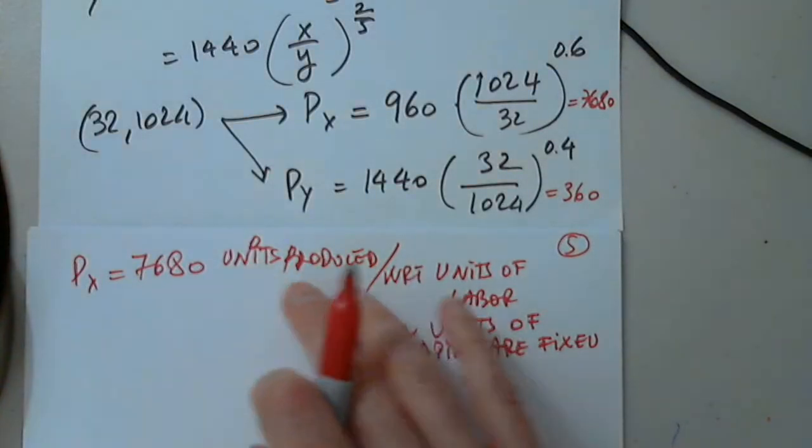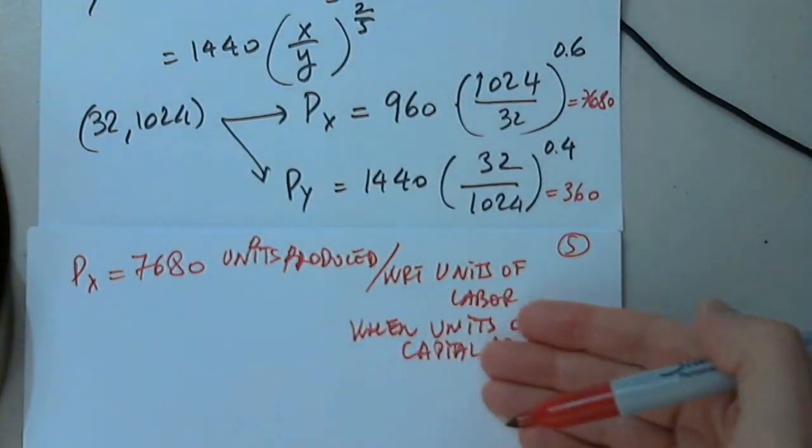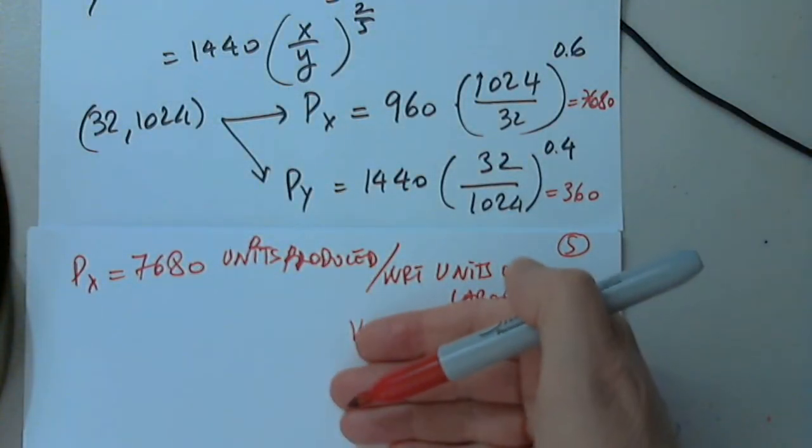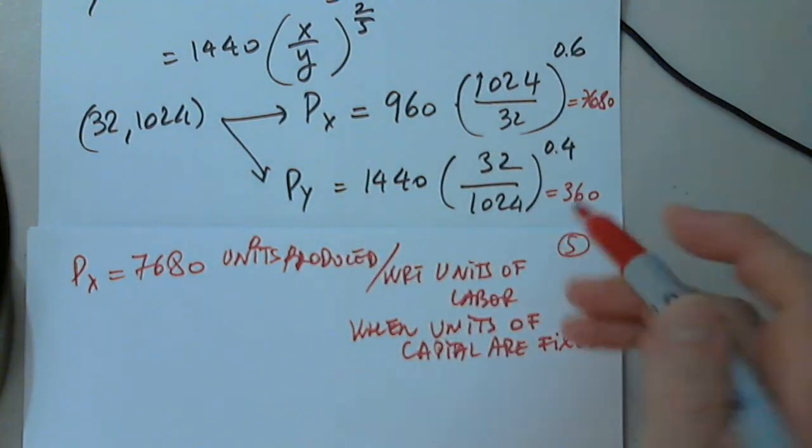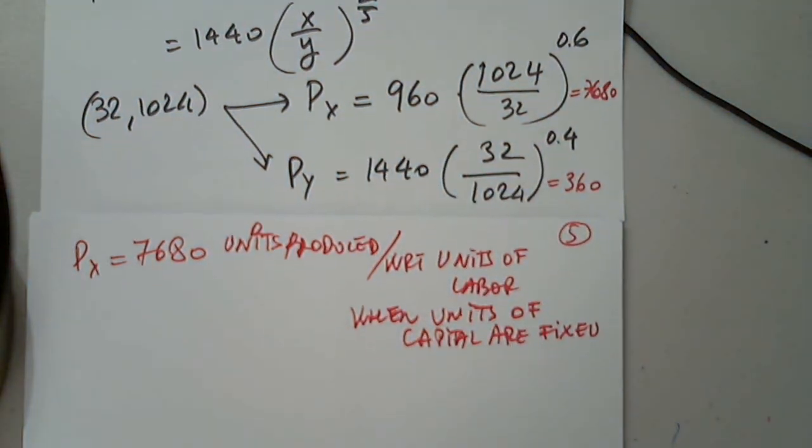But you know what I mean? This is good enough. I just want to make sure that we understand what this is. But units produced over units of labor with respect to units of labor.